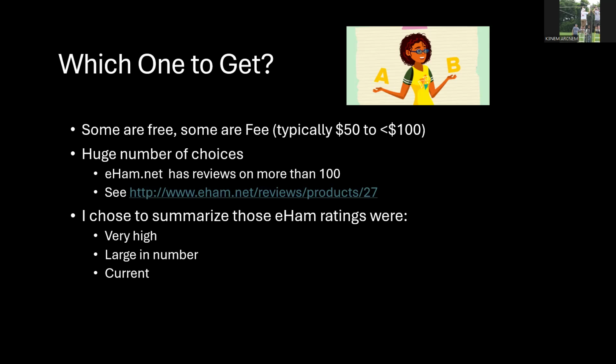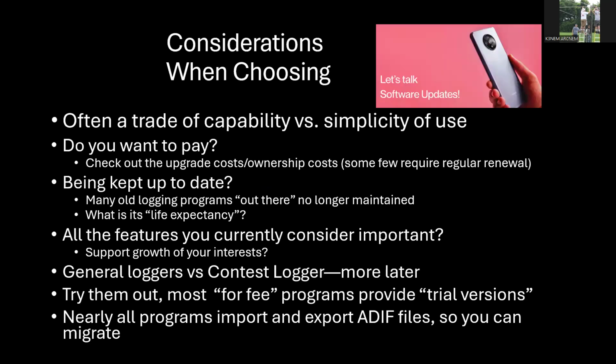So as a result there's a really lot of choices, but many of them are very uncommon and not used by many people. So what you're often trading when you're picking is capability versus simplicity to use. The really capable ones may have a learning curve that you don't want to put up with.